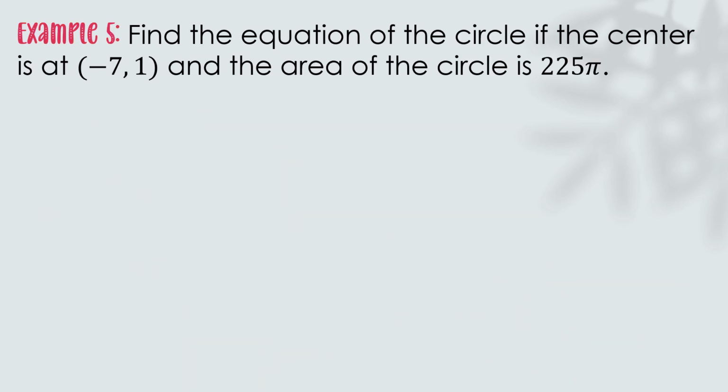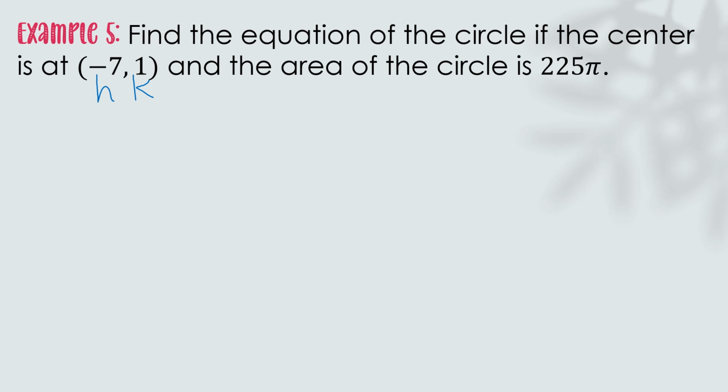All right, on this one, we are finding the equation of a circle if the center is at (-7, 1) and the area of the circle is 225 pi. To write the equation, we need the center, which we have, (-7, 1), that's our h and our k. The other thing we need is our radius. They didn't give us our radius, but they did give us the area.